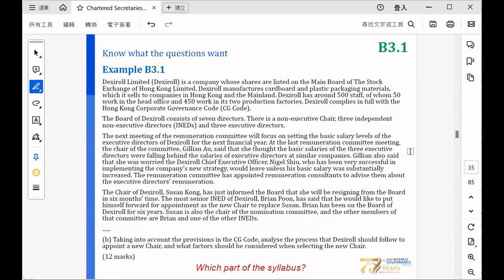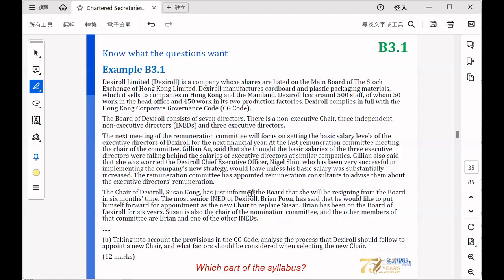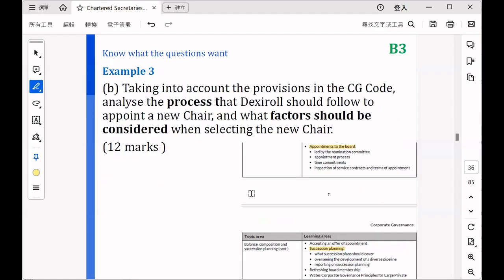Now let's take a look at these questions. So the question in here is, sorry, it's just the other way around. Again, we can see the provision of the CG code. This phrase always comes up in the examination, and then you will probably know that this is something related to the CG code.